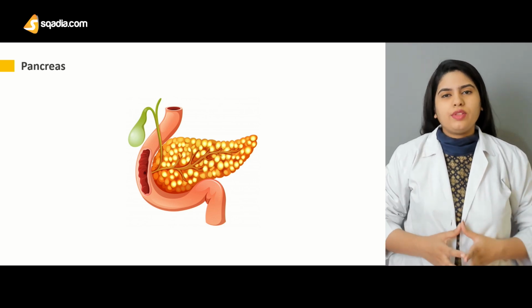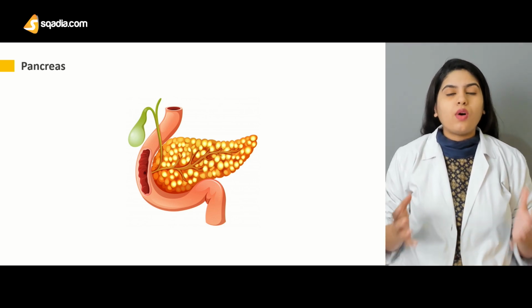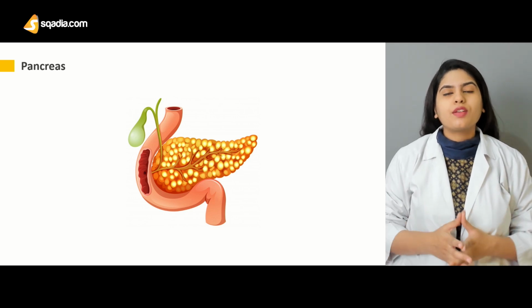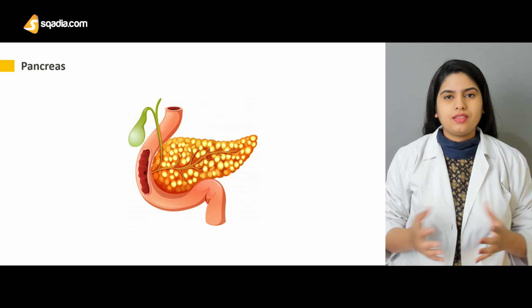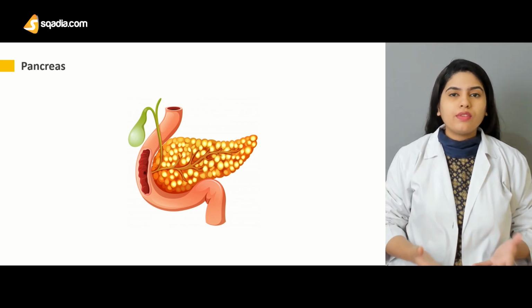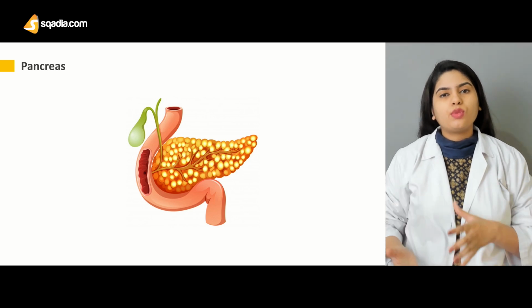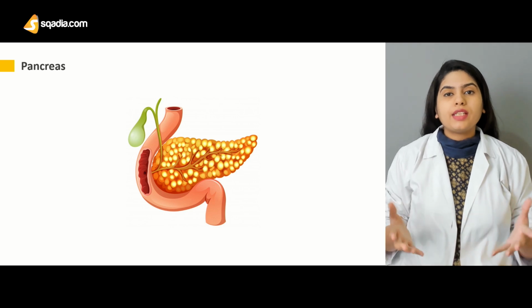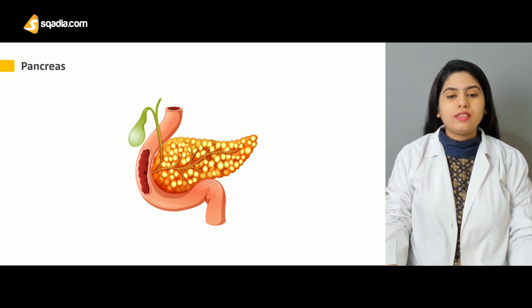As I told you, pancreas is a glandular organ. So like any other organ, pancreas is composed of various cells. Now these cells function either as endocrine or they have exocrine roles. So basically, there are two main types of cells that are present inside the pancreas.